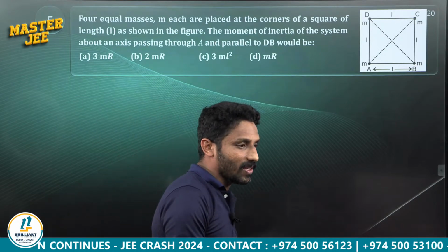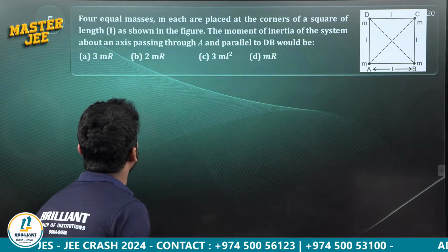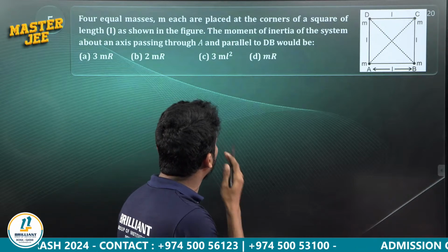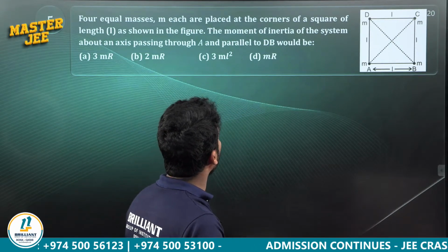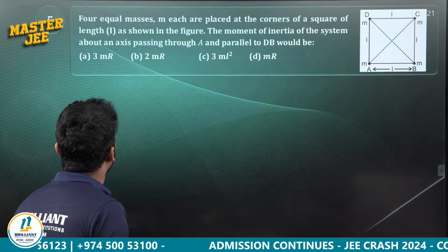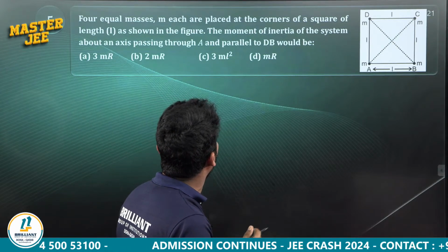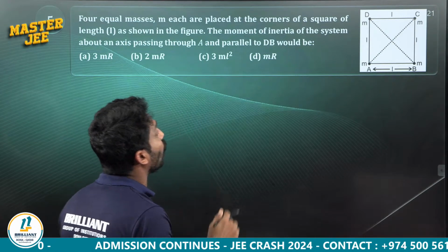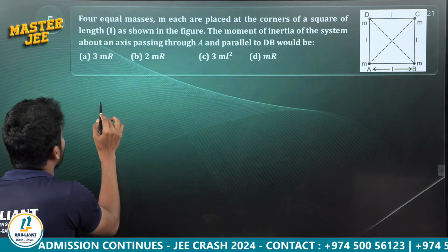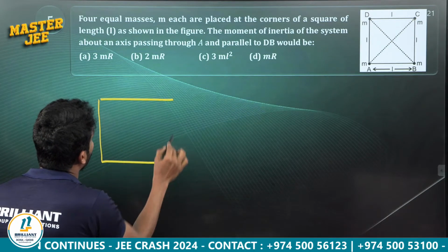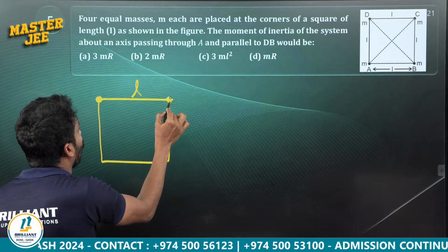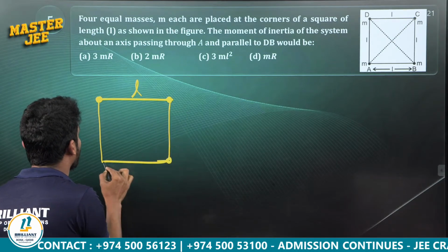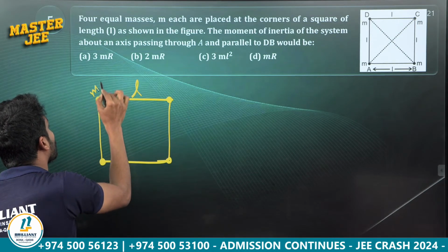Four equal masses, m each, are placed at the corners of a square of length L as shown. The moment of inertia of the system about an axis passing through A and parallel to dB would be? This is a square whose length is L, and there are 4 particles at the vertices with identical masses m.